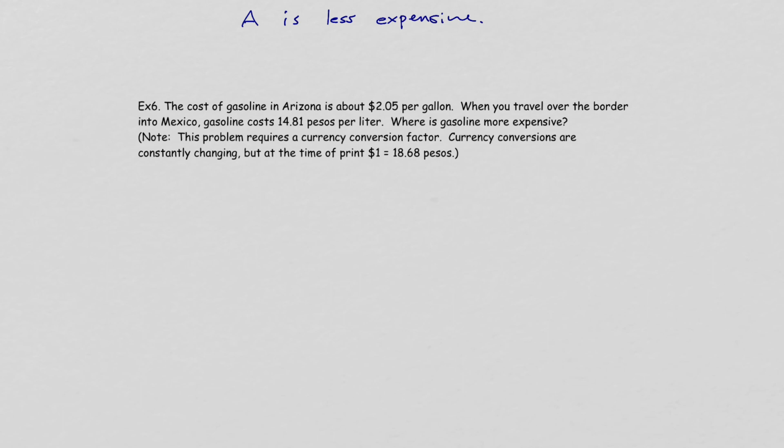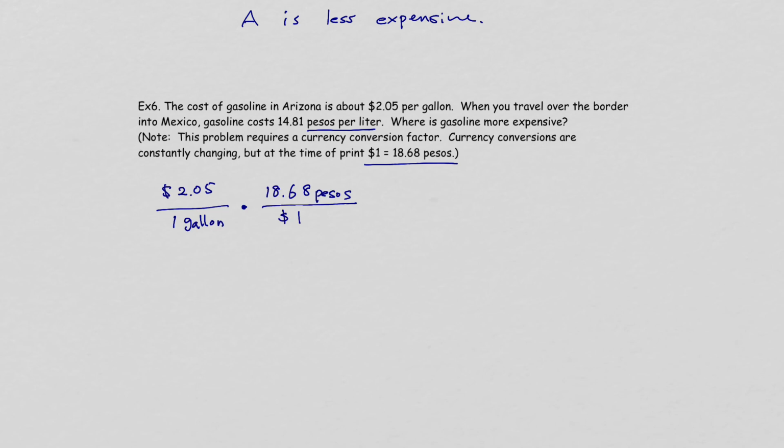We're going to write what's given, right? First, $2.05 per gallon. And I'm going to try to change this into the same unit as the gasoline in Mexico, right? So in order to change that, this comparison shows that I could do 18.68 over $1, right?